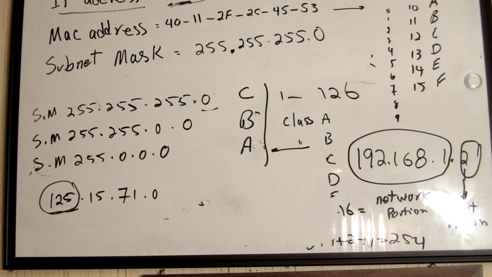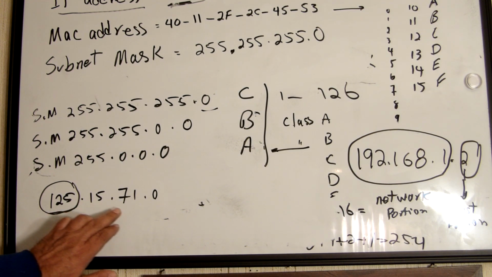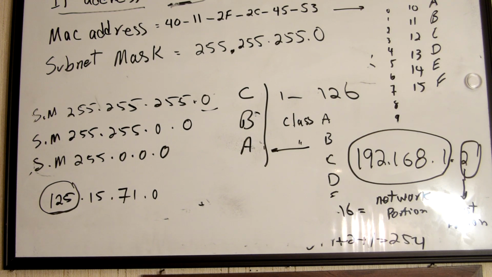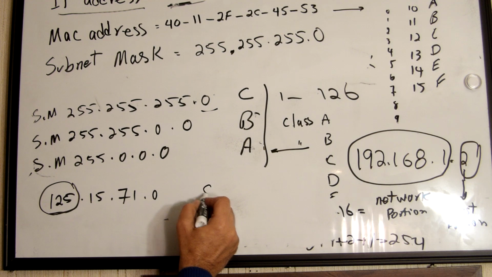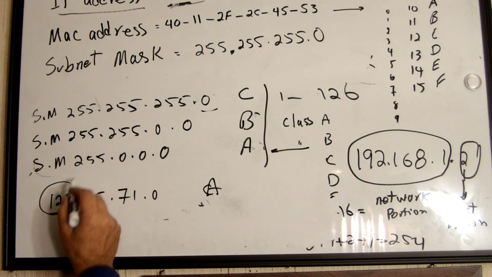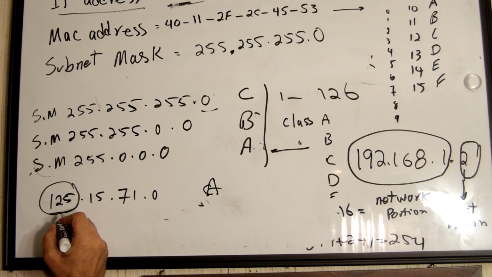We are talking about there being 4 octets, and some of them belong to the network, and some of them belong to the host. In this one, this is a class A, and the subnet mask is 255.0.0.0.